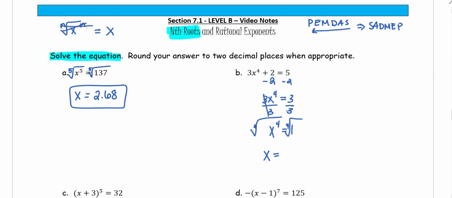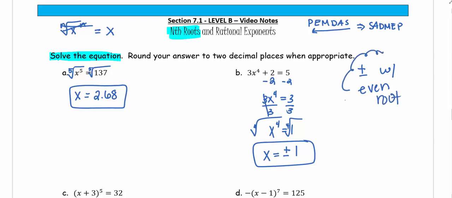Basically, they cancel each other out. There's a special piece here that we have to remember from when we did square roots: we need a plus or minus 1. So you need a plus or minus with an even root. It's very important.